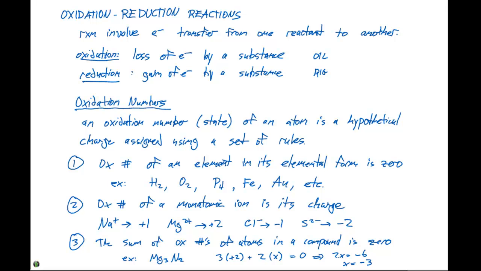So that's what you need to do if you have a particular compound. You have to add up all the oxidation states, and it's going to be 0. That doesn't matter if the compound has 2, 3, 4, 5, or 6 different elements in it. That's what you'll have to do for those compounds.